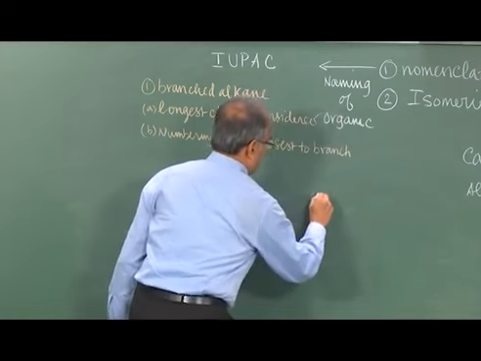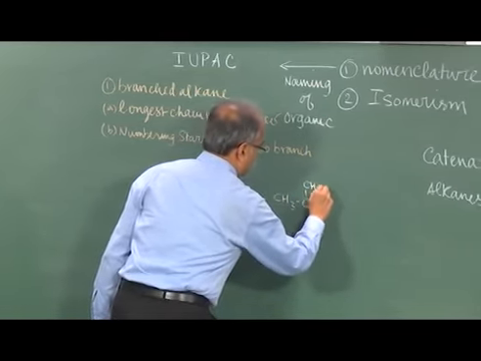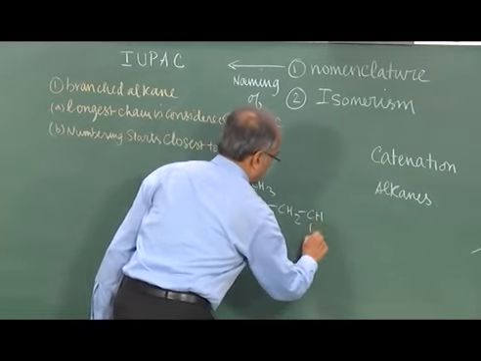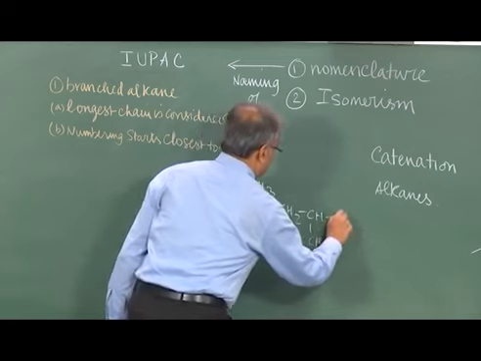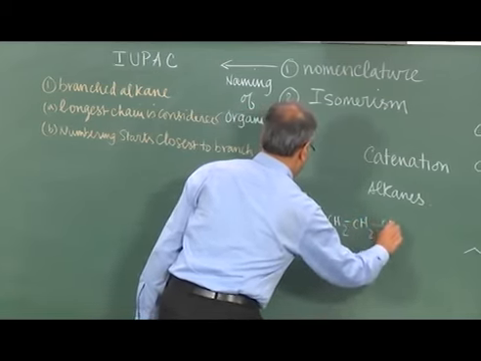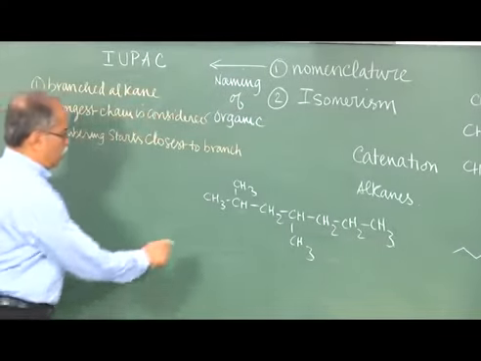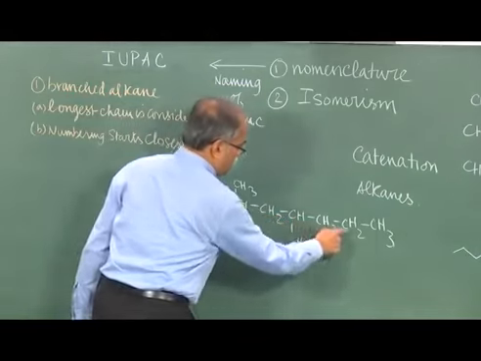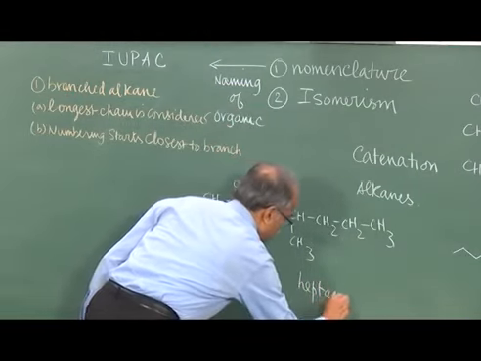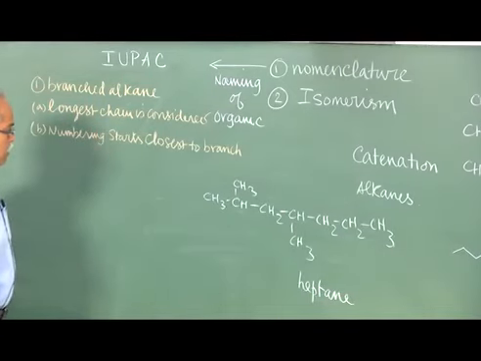You consider, for example, a heptane. So the longest chain, if you consider here, would be 1, 2, 3, 4, 5, 6, 7. So, it is a heptane, and start the numbering from the position closest to the branching.